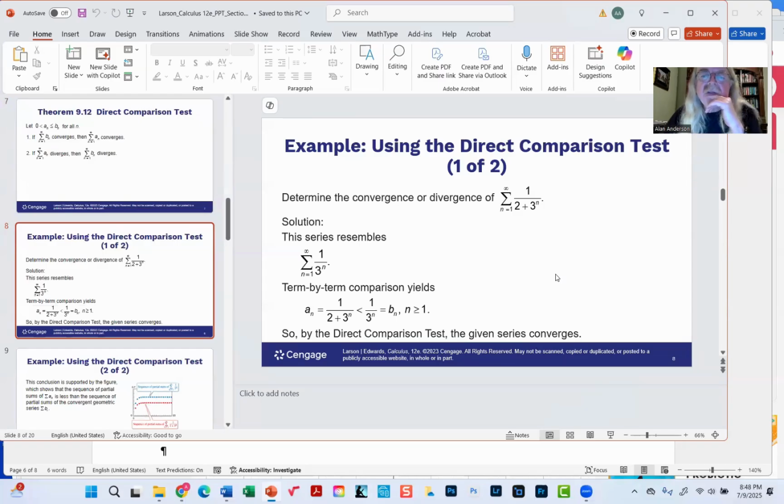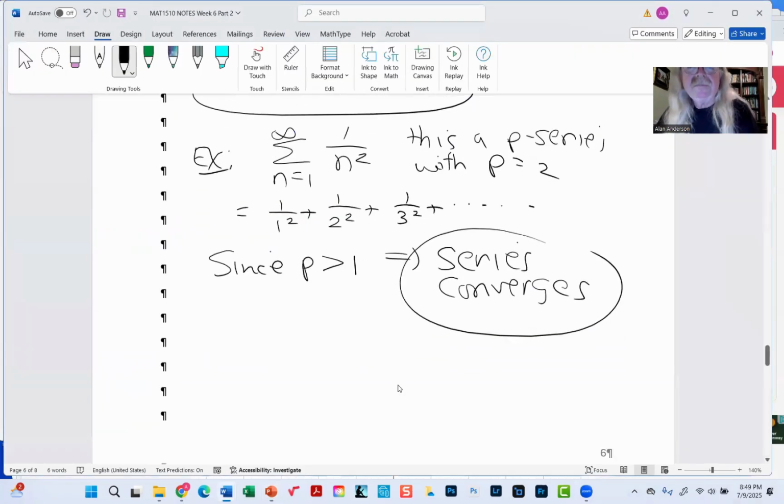So for example, here's what they're going to do. They're going to say, listen, we know perfectly well that we can't deal with this one directly. But what we can do is say, here we have another series which is similar to it and where we can make an important claim.